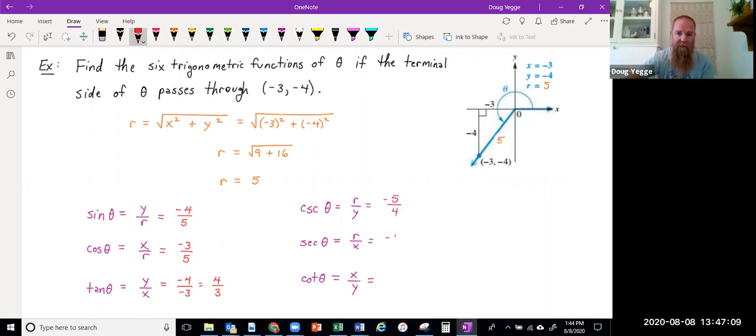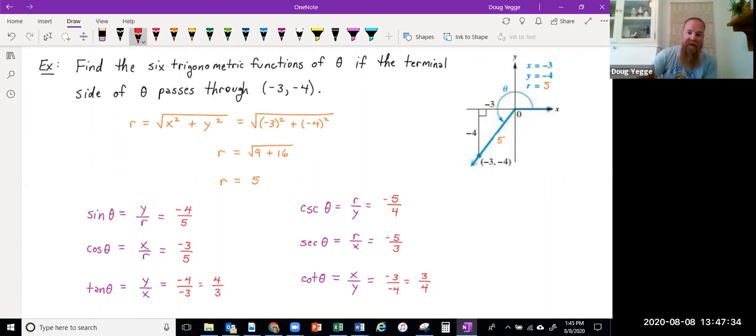R over x would be -5/3. And notice again, we're not saying that the r value is negative. It's just a negative fraction at this point. So it's 5 over -3 or -5/3. And lastly, x over y is -3 over -4. But again, a negative divided by a negative turns right back into a positive.